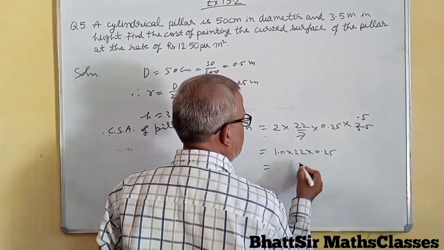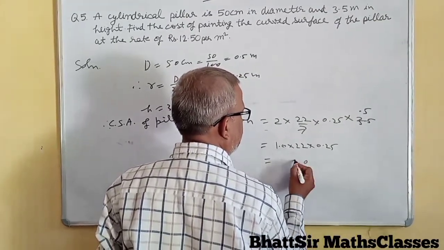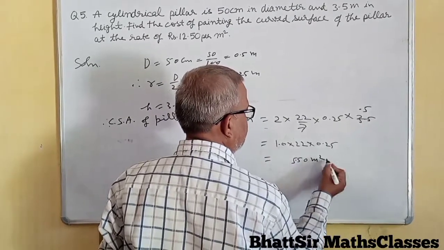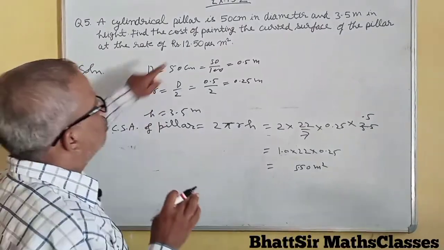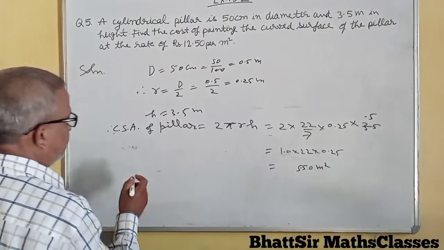It means 22 5 is 110, carry 11, 22 44, 55, 5.5 meter square. But in this question we have to find out the cost of painting the curved surface area of the pillar at the rate of 12.5 per meter square.